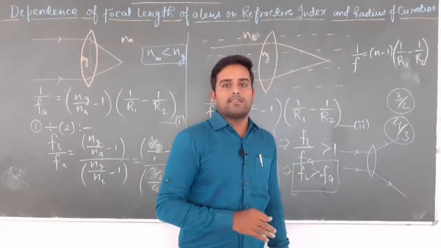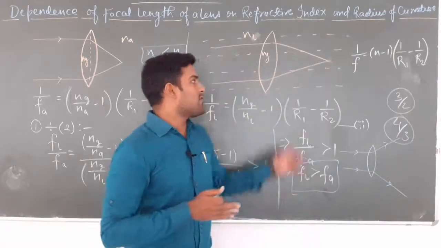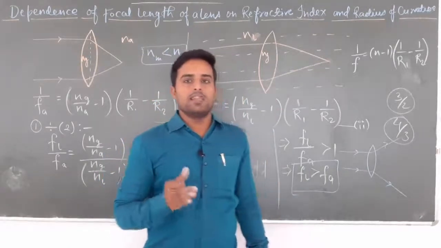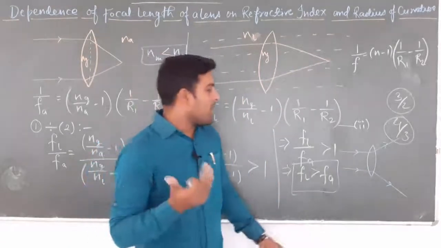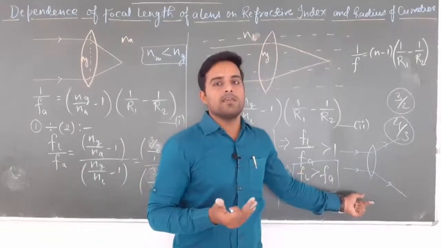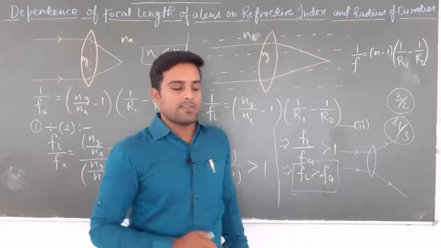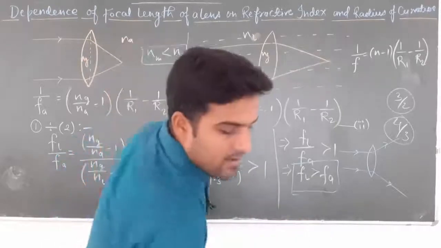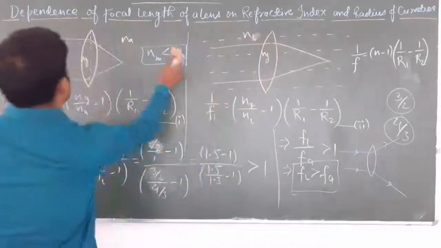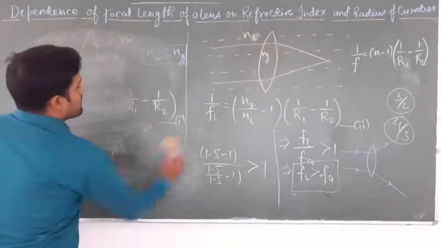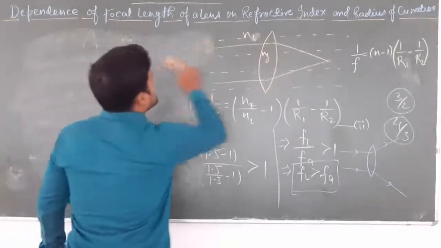And in the third case, when the refractive index of the medium is greater than the lens, the focal length will become negative. Why negative? Because it is behaving as a concave lens, meaning the nature of the lens is reversed. So we have discussed the dependence of the focal length of a lens when it is kept in any medium.